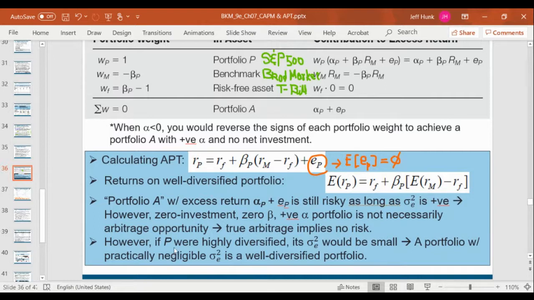However, if P were highly diversified, its error variance or residual variance would be very small, practically negligible, right? A portfolio with practically negligible residual variance is a well-diversified portfolio.